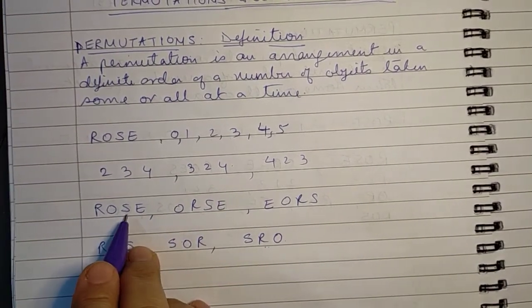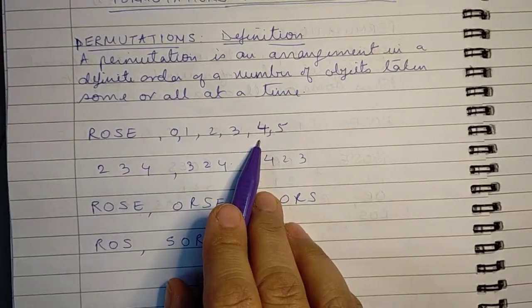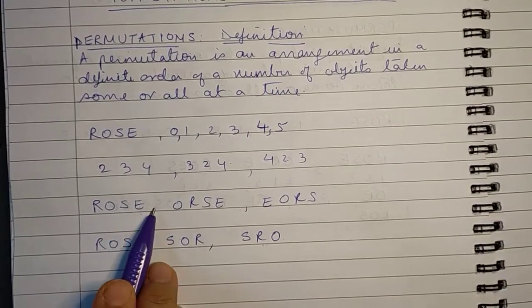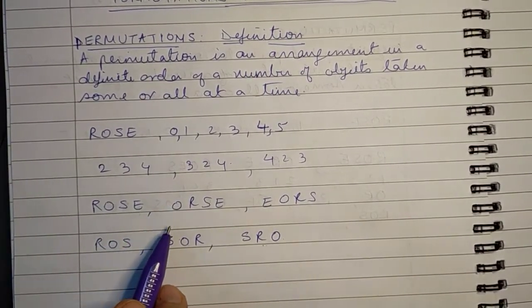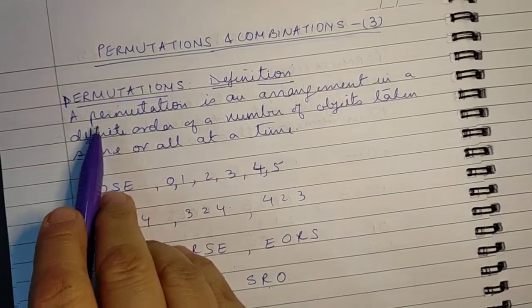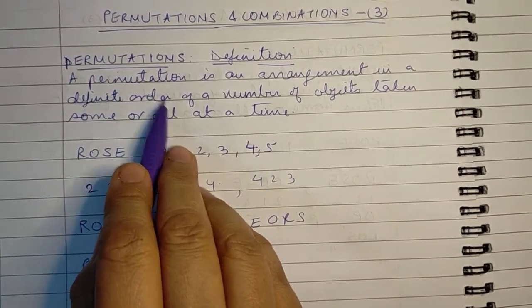Such arrangements of letters or of numbers taken some at a time or all at a time is called a permutation. So how do we define permutation? A permutation is an arrangement in a definite order.